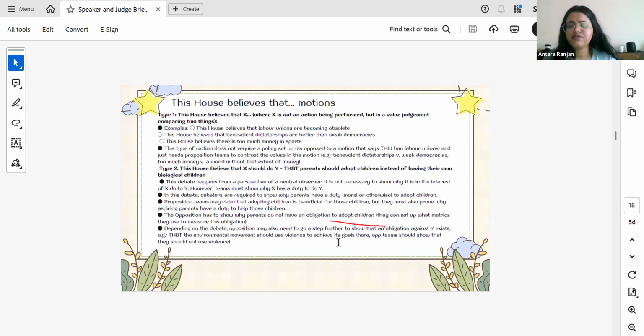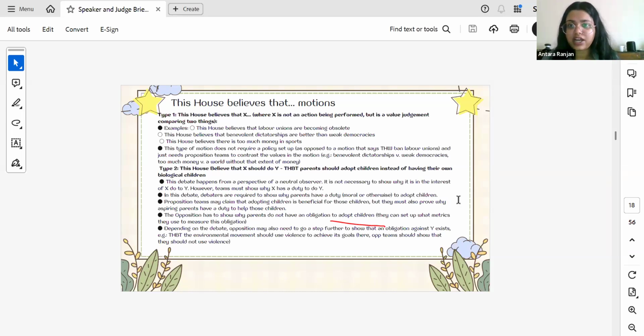Any motion that says we would rather do X than Y necessarily comes from a neutral observer, right? Two people who don't have to implement a policy, who don't have to have this impact on their life, right? We're not saying this house as a parent would adopt a child, right? So this house believes that parents in general should adopt children instead of having their own.